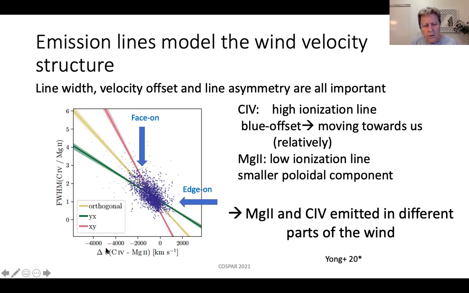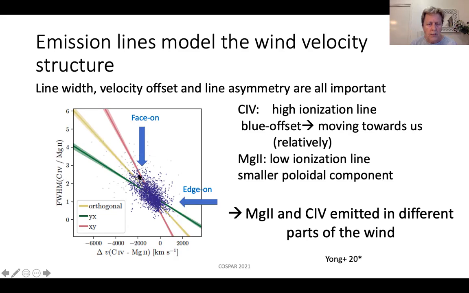This is a plot of the difference in velocity position of carbon-4 and magnesium-2. So carbon-4 is a high ionization line, magnesium-2 is a low ionization line. And what this is telling you is that instead of those two lines sitting where we would expect them to sit, the carbon-4 line is usually blueward of that position by up to a few thousand kilometers a second.